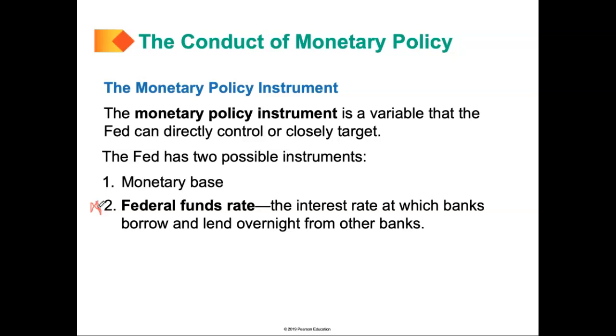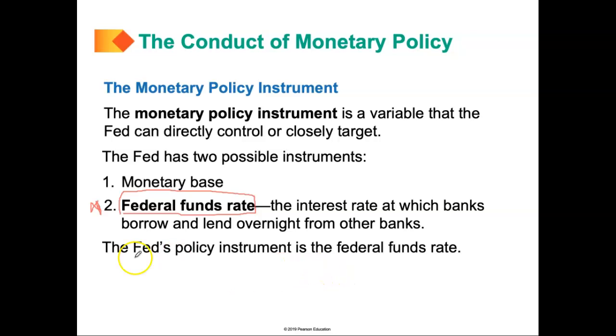When it does, it charges what we call the federal funds rate, and the federal funds rate is mandated by the Federal Reserve. The Fed changes the federal funds rate 0.25% at a time. It's the main policy tool of the Federal Reserve.